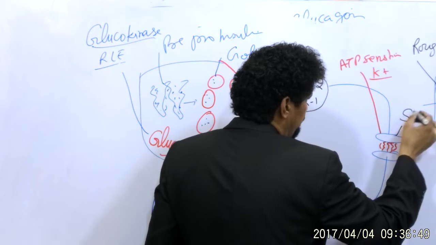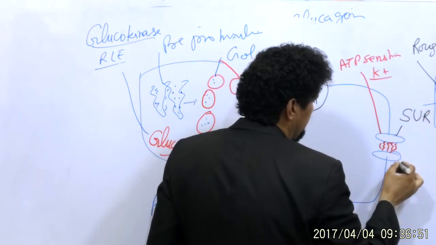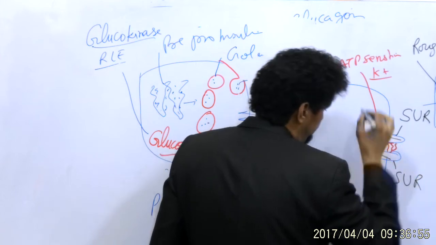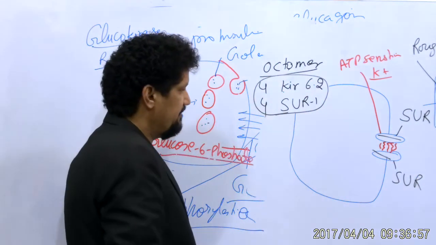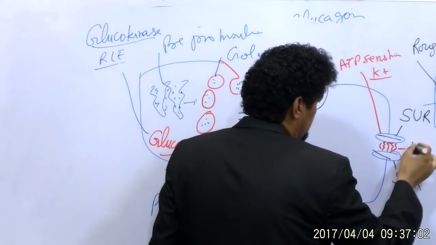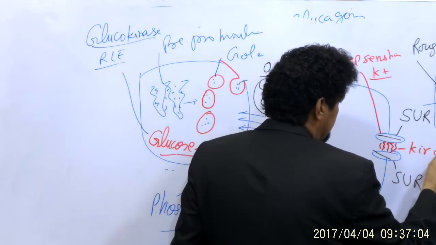These are the SUR units, and these are the 4 units of KIR 6.2.